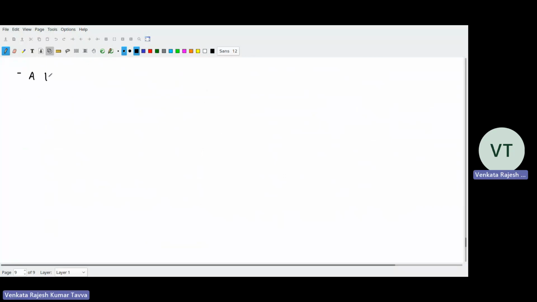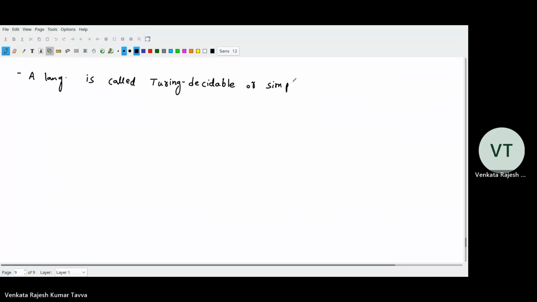A language is called Turing decidable, or simply decidable, if some Turing machine decides it.